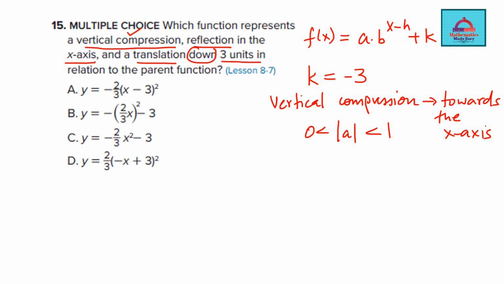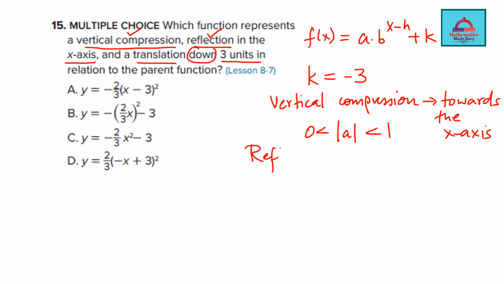Now we are left with reflection. So now when the reflection is there, this reflection is clearly mentioned in the question, happening in the x-axis. That means there is going to be a negative sign for sure in this question coming up. So let's do the last part and then we'll get our answer from the options. So when the reflection is happening across the x-axis, I'm going to now write the last point.